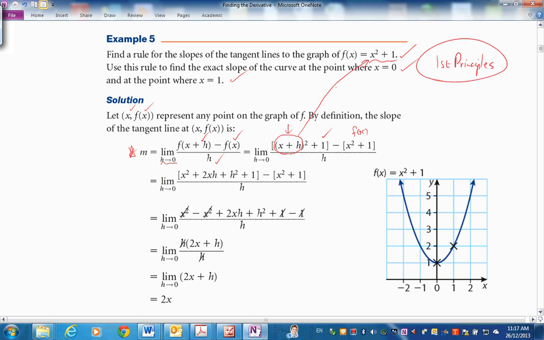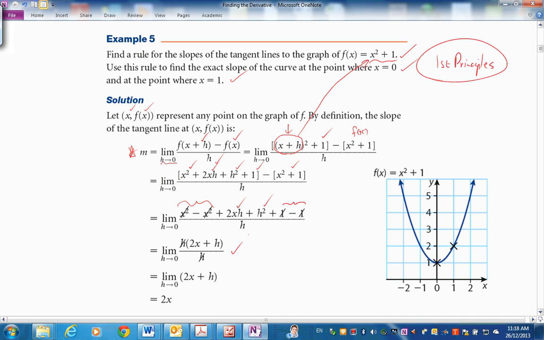Let's see if we expand it: first term squared, plus twice the product, plus the second term squared, and you've got the 1. Take away f of x, then we get no x squared term, 2xh plus h squared, and no 1s are left.